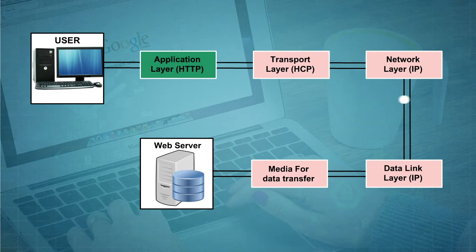Application layer handles the HTTP of the destination site and also for your system. The packets are then reassembled and sent to you as the web page you had asked for.